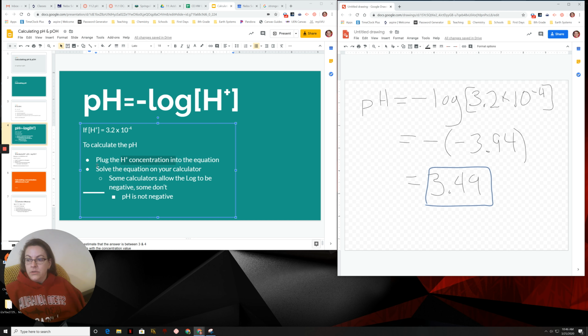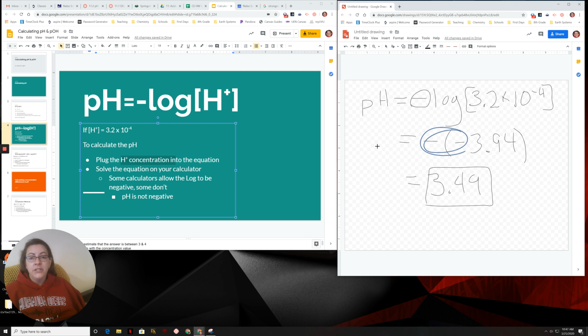Like it says, solve this on your calculator. Some calculators don't let you do the negative log. If you cannot put the negative in front, probably the easiest thing to remember is if you get a negative answer and you're multiplying it by a negative, then it becomes a positive number.